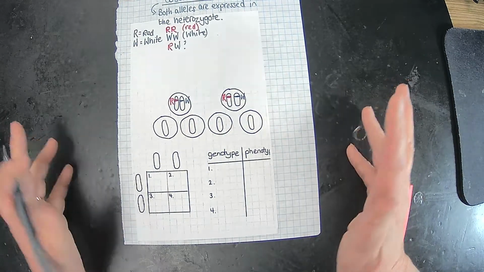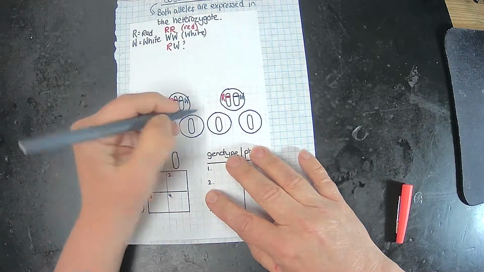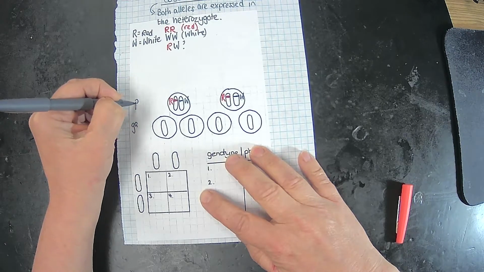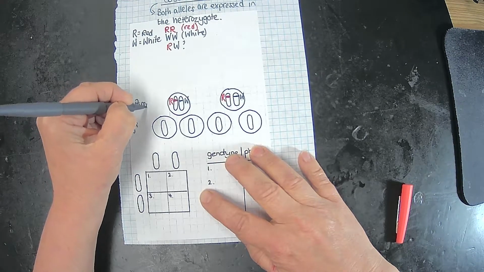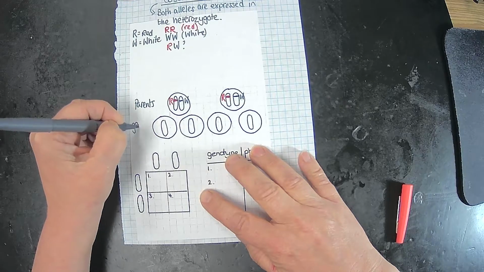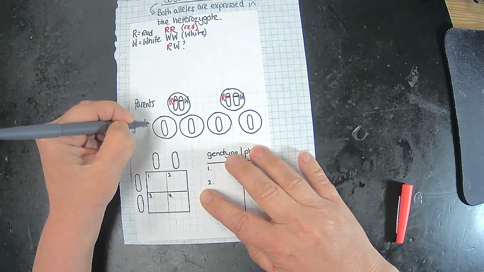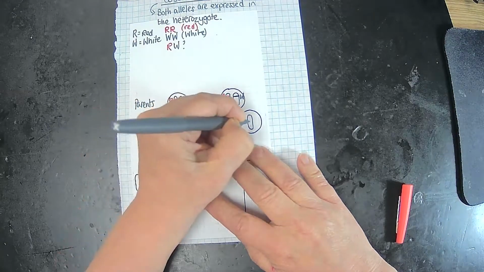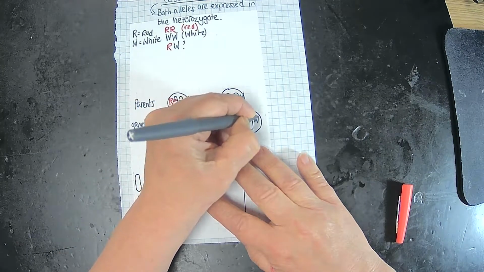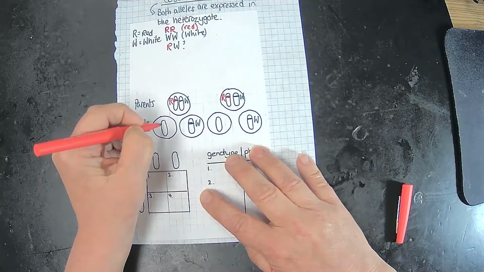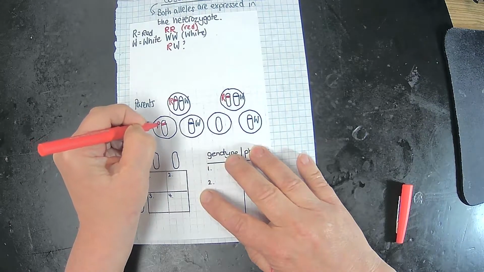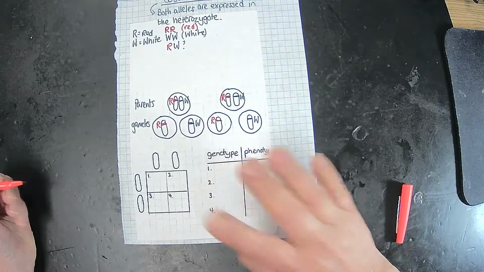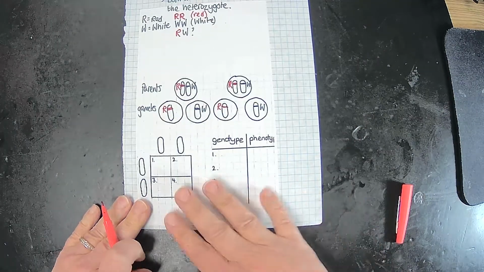Just like we do with other monohybrid crosses, we're going to do our gametes, okay? So these are the parents, and these are the gametes. So that one's going to become a W, and that one's going to become a W. This one here is an R, and this one here is an R, just like every other monohybrid cross we've done.